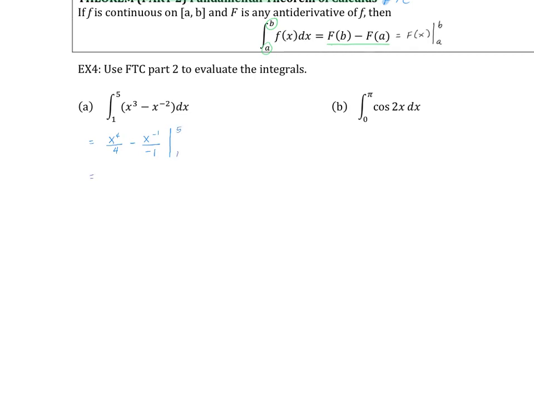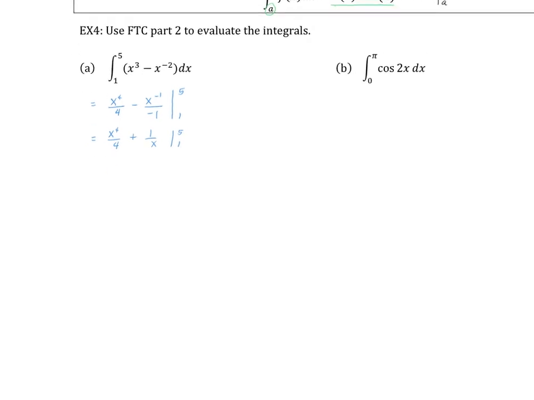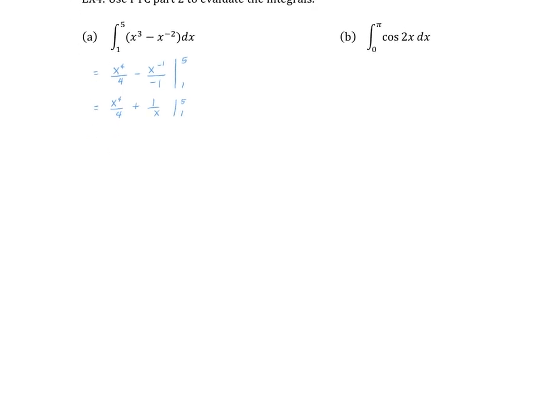Now I can clean this up a bit. X to the 4, I'll leave the 4 down here, plus, I'm going to write this as 1 over x because it will be easier for me to evaluate. So this is what we do. It's going to be the upper minus the lower. So this becomes 5 to the 4th over 4 plus 1 over 5.